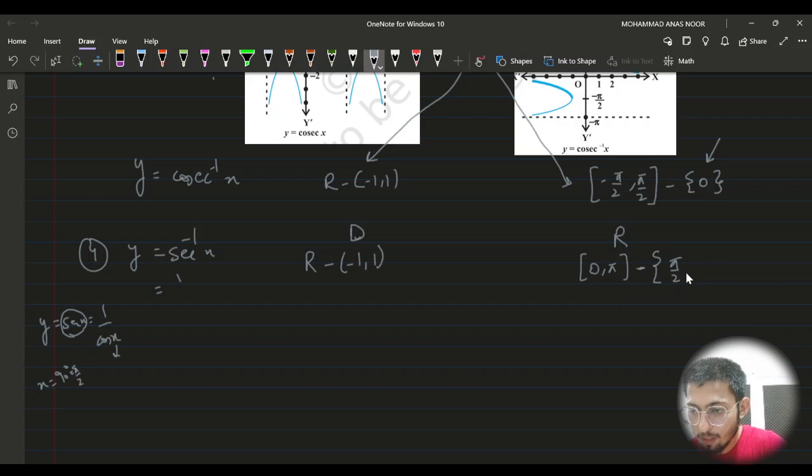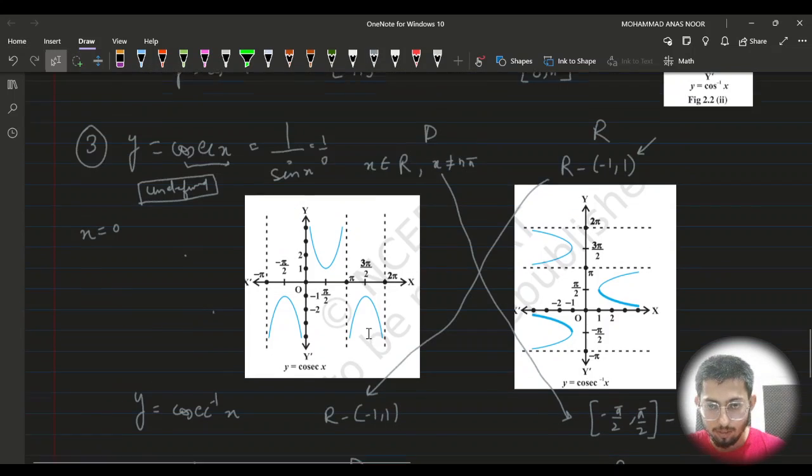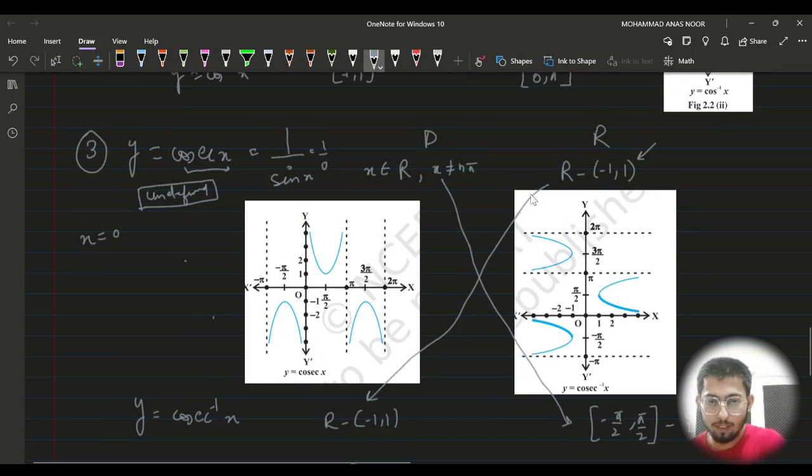That's why you will have to exclude pi by 2. Are you getting it? It's the same thing that I did for the cosec function.